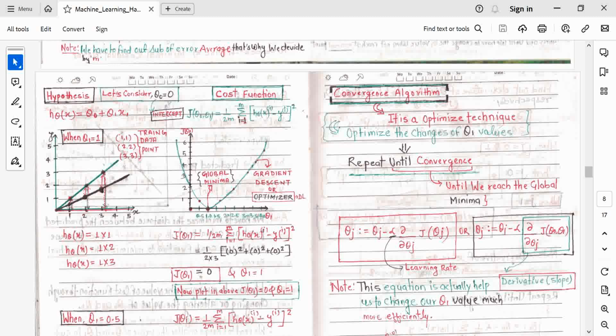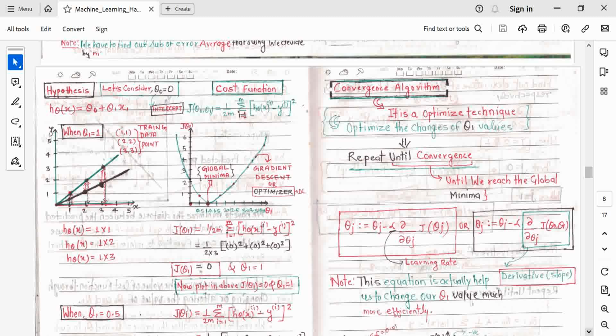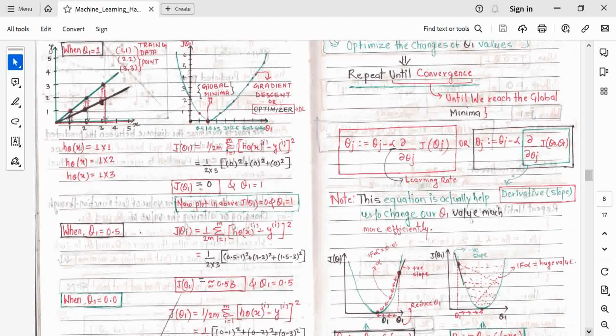It is an optimization technique. It optimizes the changes of theta 1 values until we get the minimal point. Repeat until convergence means until we don't get the minimal point, we have to change the value of theta 1 until we reach the global minimum.